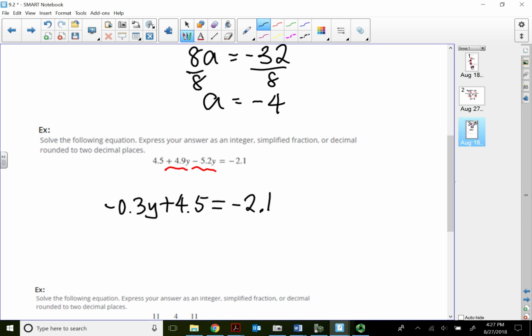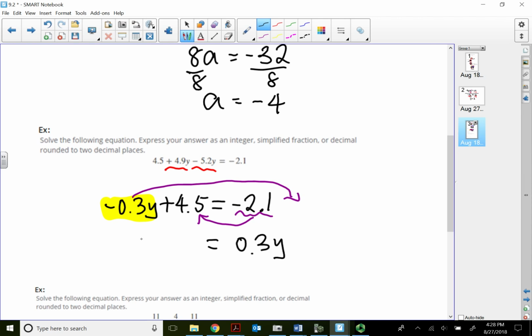Since the only variable term I have is negative 0.3y, I'm going to move it to the right side to make it positive. So the negative 2.1 has to go over. Negative 0.3y comes to the right side and becomes positive 0.3y.